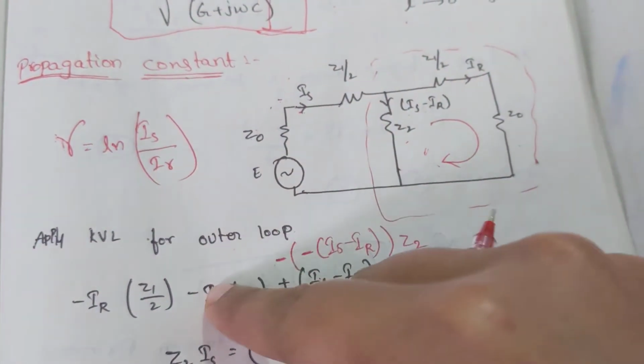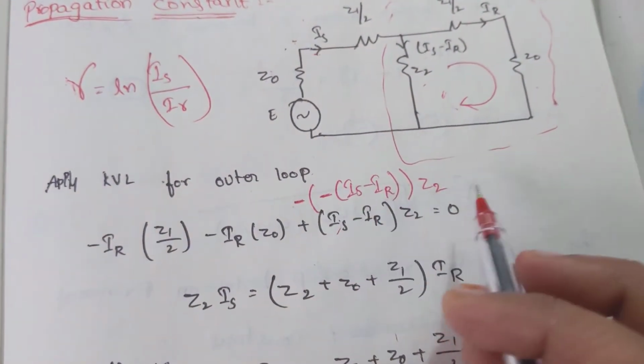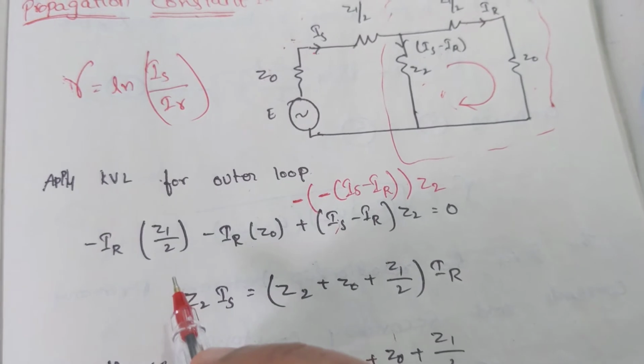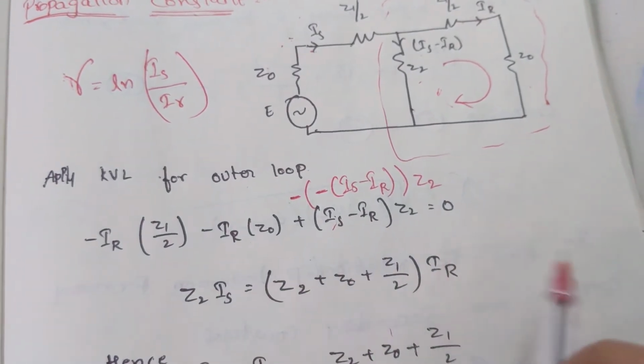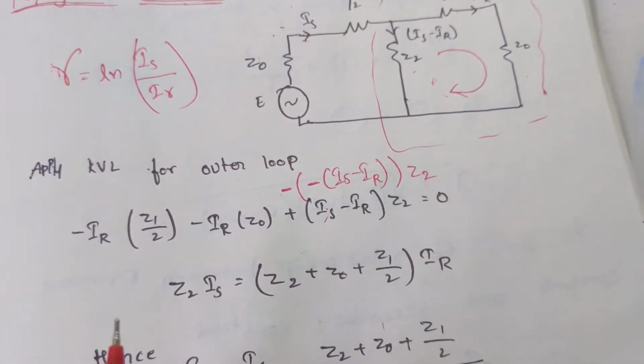So minus of minus becomes plus. Hope you understand this. So we have the two terms Is and Ir; bring them out common and separate those terms.